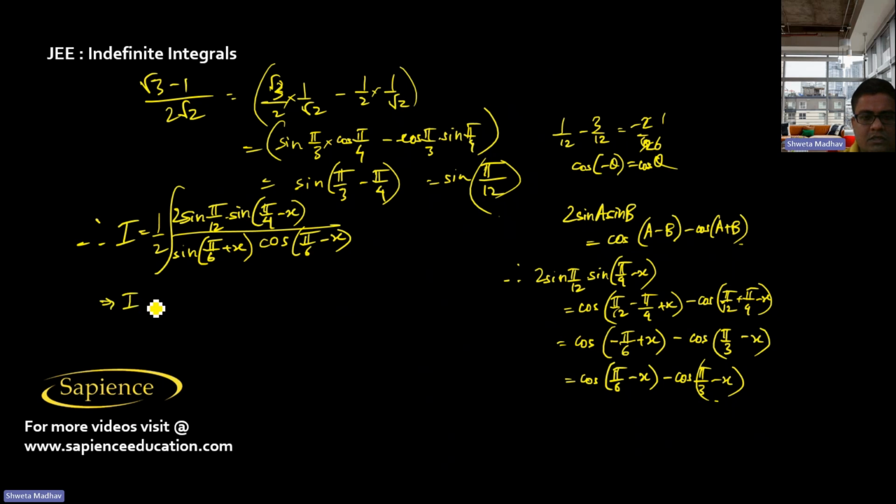So therefore the integral I can write it as half of integral cos of pi by 6 minus x minus cos of pi by 3 minus x, divided by sine pi by 6 plus x into cos pi by 6 minus x.